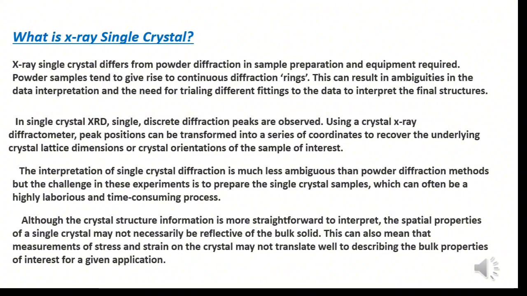In X-ray single crystal, single discrete diffraction peaks are observed. Using a crystal X-ray diffractometer, peak positions can be transformed into a series of coordinates to recover the underlying crystal lattice dimensions or crystal orientations of the sample of interest.